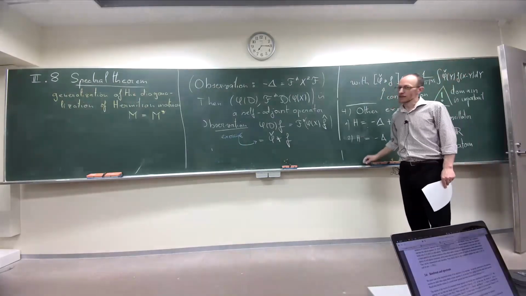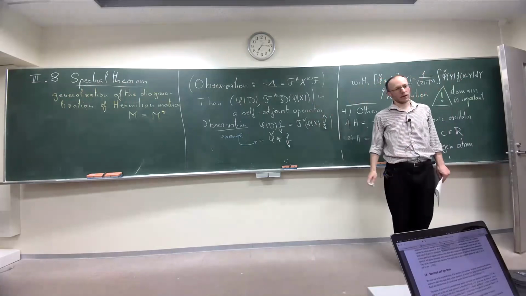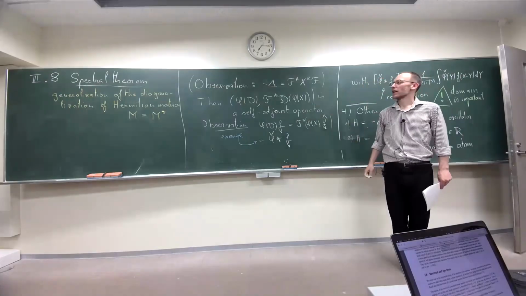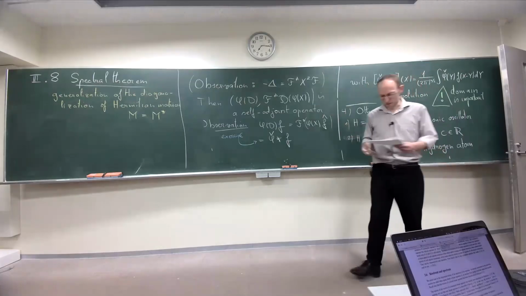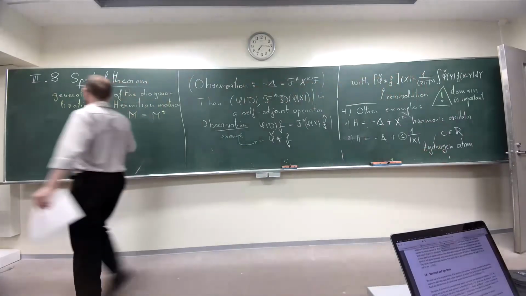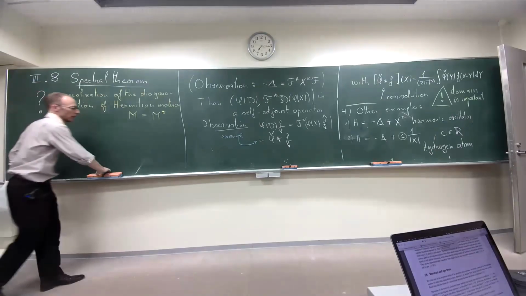So now I would like a generalization of this, because this is good for finite dimensional space, C^n, but of course it doesn't hold for general Hilbert spaces. So what is the generalization of this? And this is the content of the spectral theorem.